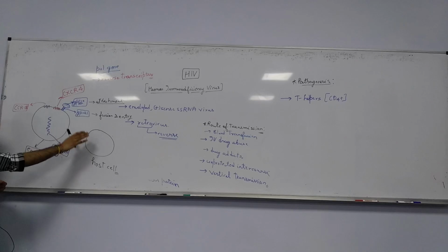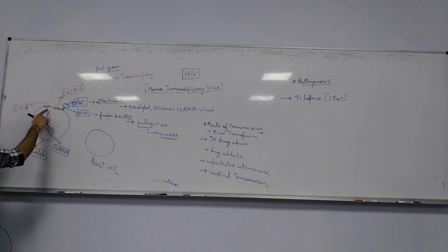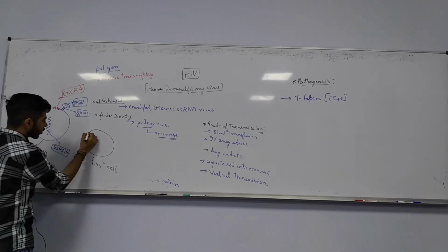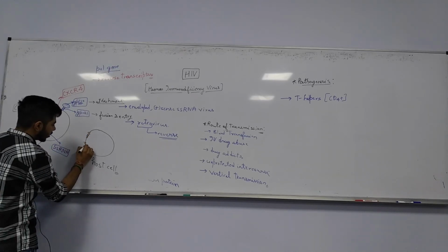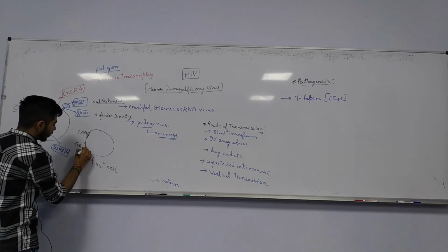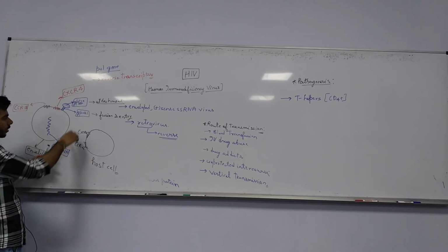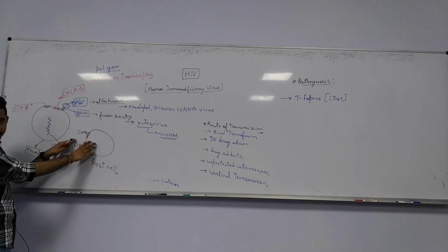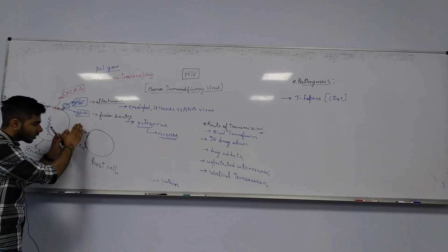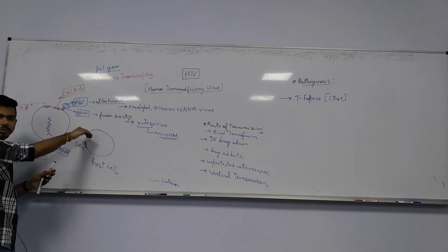Once this binding and fusion happen, CXCR4 and CCR5, which are mainly present on the cell surface, will be binding to this HIV virus and initiating the fusion and entry of the HIV virus.